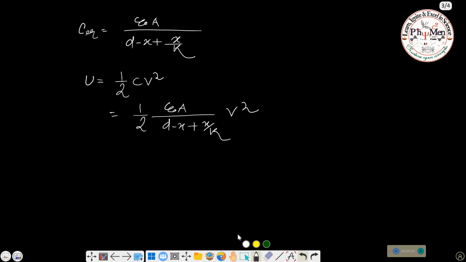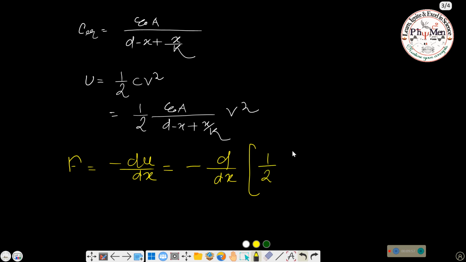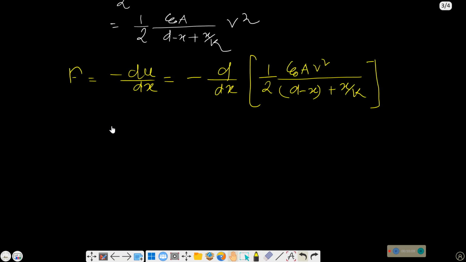Now for force, we will just differentiate this, because force is equal to minus dU by dx. Putting the value of U, we differentiate half epsilon naught A V square by d minus x plus x by k.